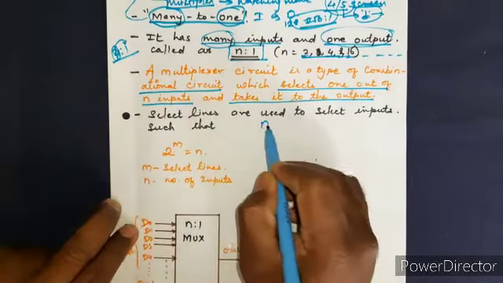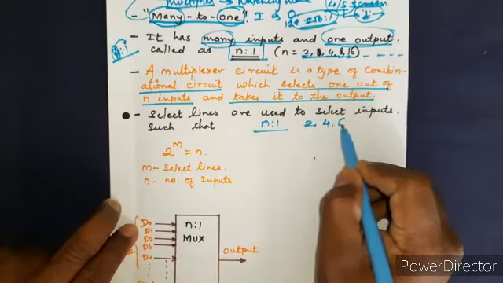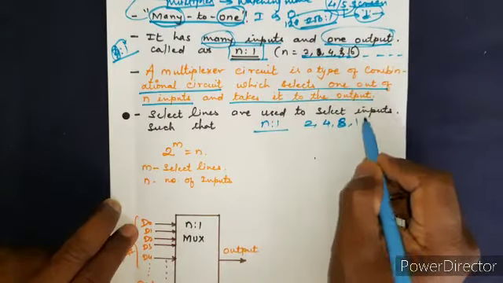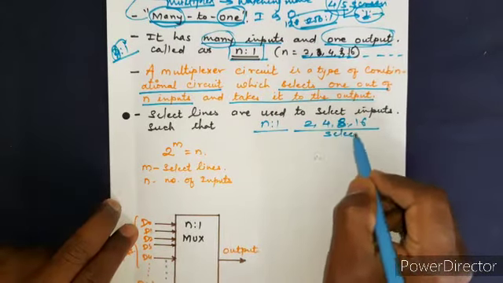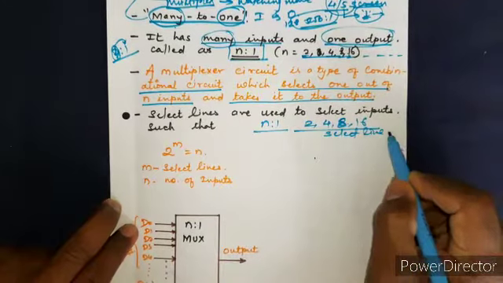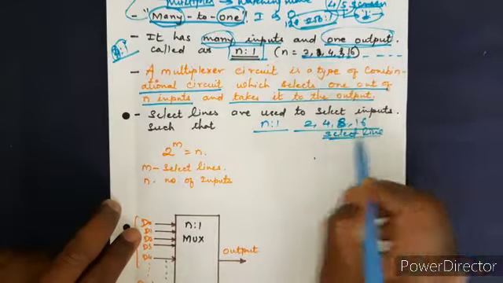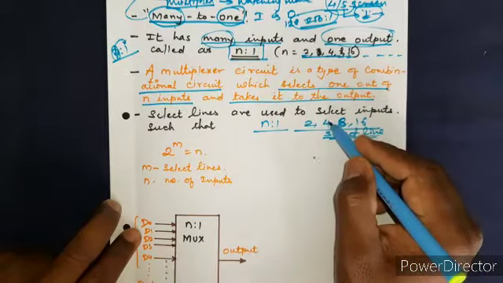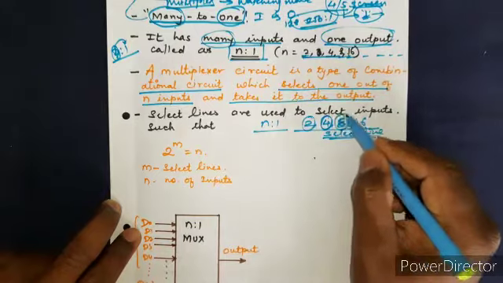Now, as I said, n is to 1 and we have n equal to 2, 4, 8, 16. For each of these there are select lines, and these select lines select the specified input out of these inputs.